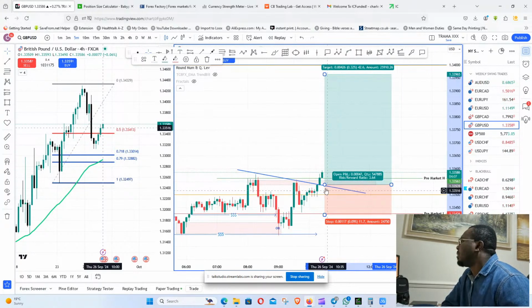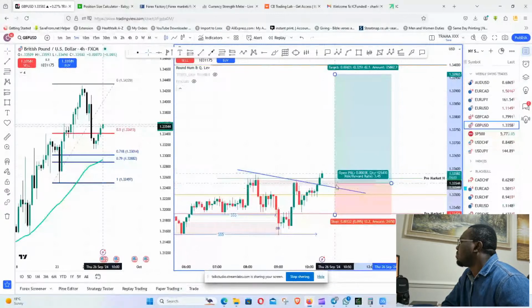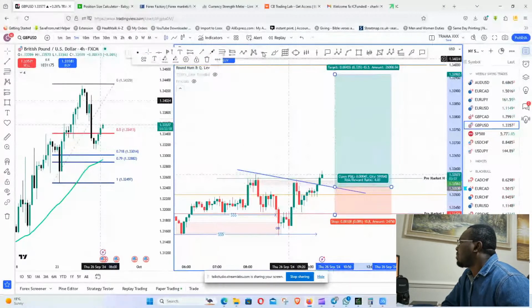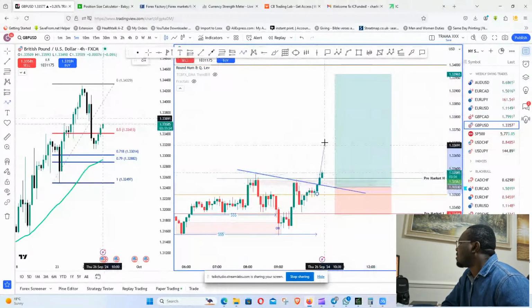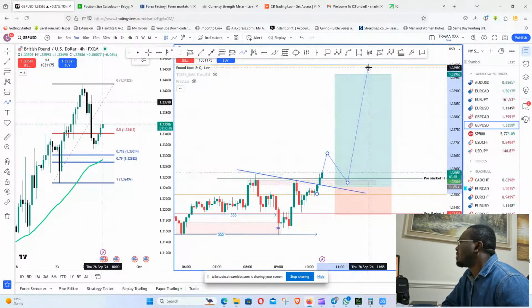But I need to see a clear displacement in this place. So let's see what they're doing. I need to see a clear move, a pullback to continue, and then we'll get in.